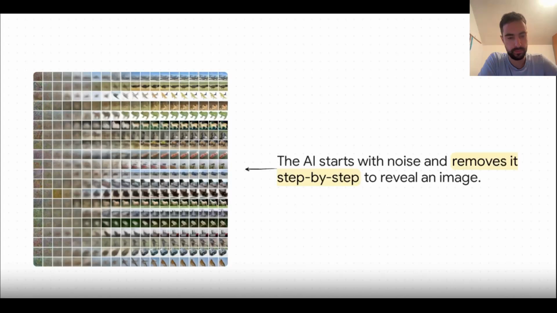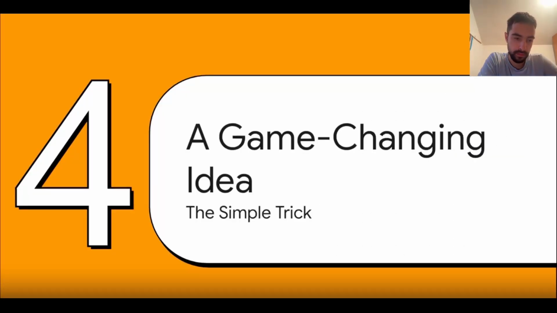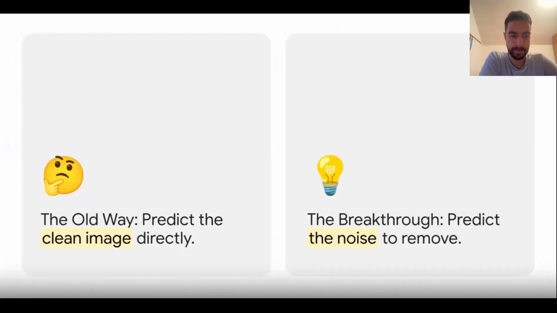Then it looks at the new, slightly less noisy image, and it does it again, and again, and again, 1,000 times, until a crystal clear image just materializes out of the static on the right. Now here's the thing. This basic idea of reversing noise, it wasn't totally new in 2020. People had tried it before, and the results were, okay, promising. But the authors of this specific paper introduced one single elegant change to the process that just unlocked the mind-blowing quality we see today. And here it is. This is the aha moment. The old way was to try something really hard. The AI would look at a noisy image and try to guess what the final clean image should look like, all in one go.